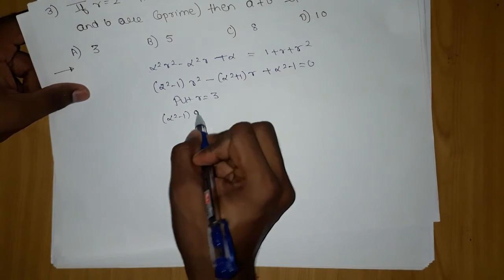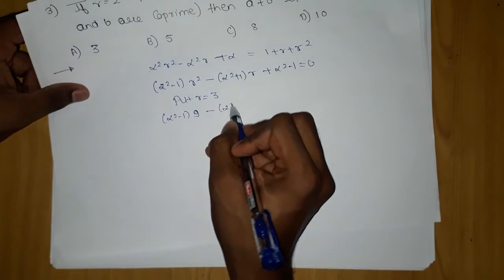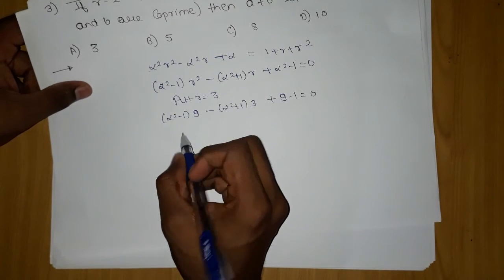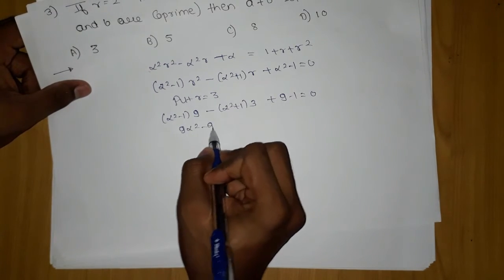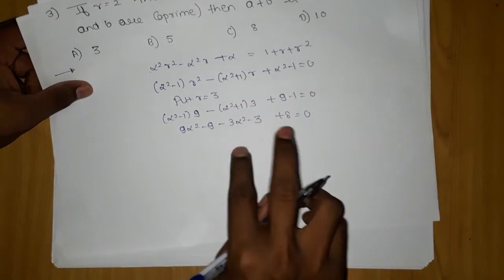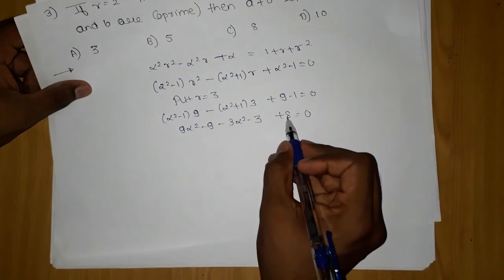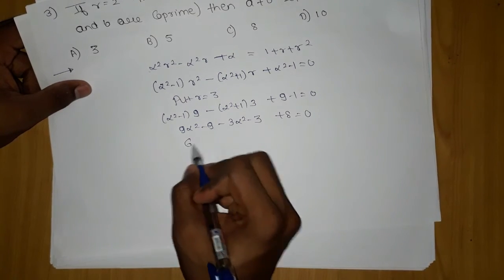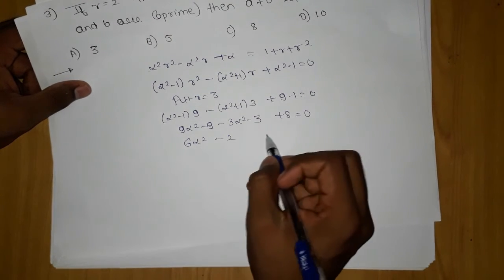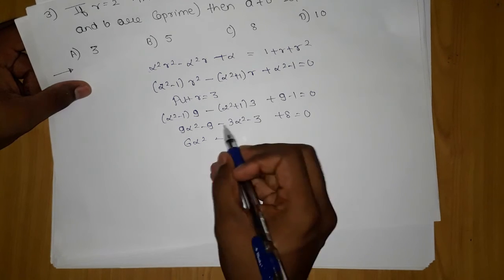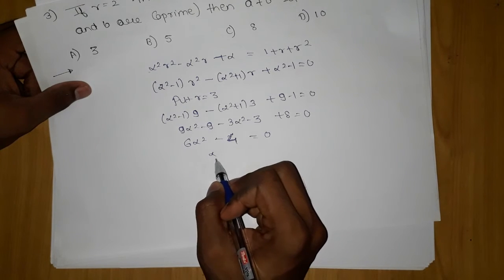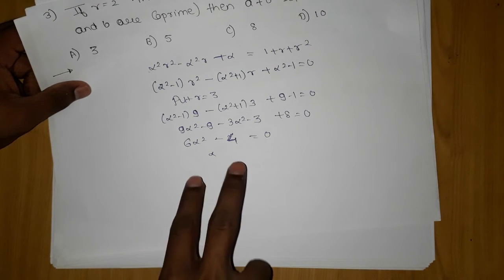(Alpha square minus 1) 9 minus (alpha square plus 1) into 3 plus (9 minus 1) equals 0, giving me finally 9 alpha square minus 9 minus 3 alpha square minus 3, and plus 8 equal to 0, giving 6 alpha square and minus 4.